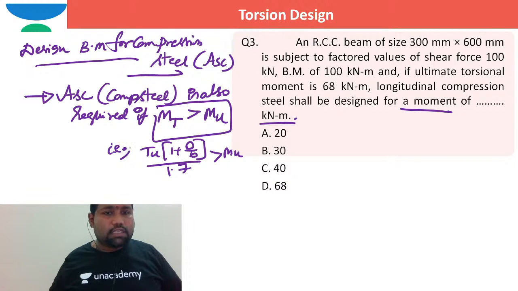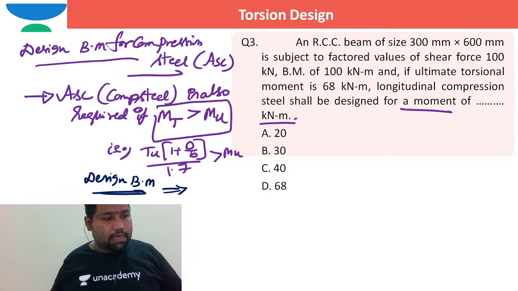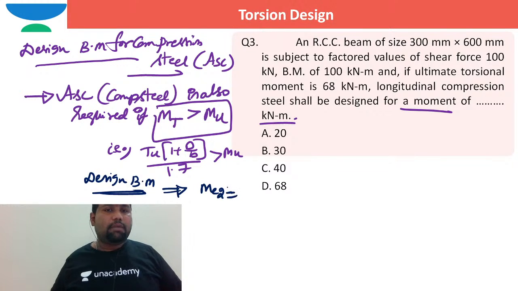What is the compression steel I need to design for in this case? The design bending moment for compression steel is Mt minus Mu.